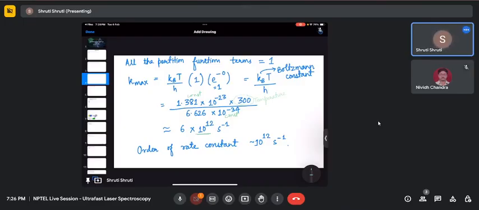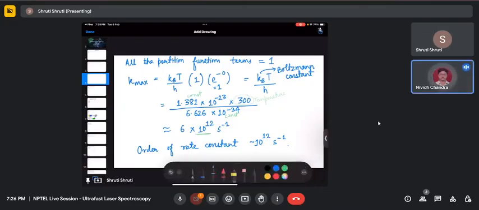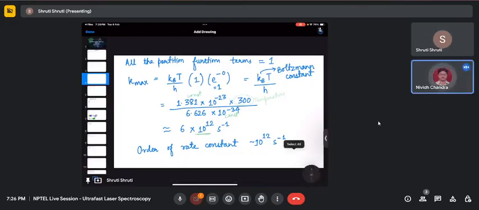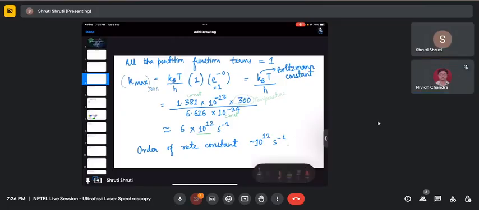Similarly we can have an expression for the reference R, emission. So this is an indirect way of measuring the quantum yield using a reference.